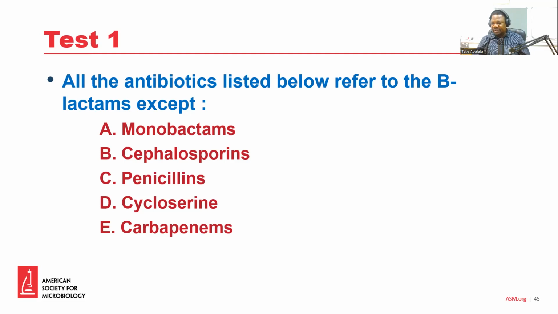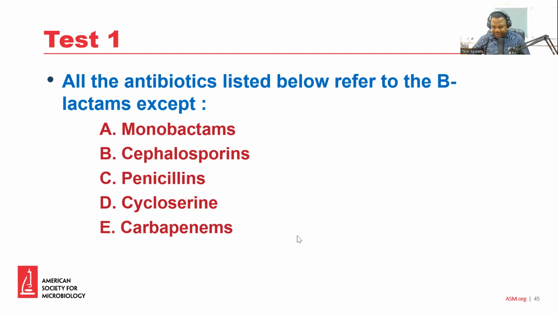If you remember what we said, beta-lactams include the penicillins, the cephalosporins, the monobactams, and the carbapenems. So the answer is D, cycloserine. Cycloserine is not a beta-lactam. The rest, monobactams, cephalosporin, penicillin, carbapenems, are all beta-lactams.